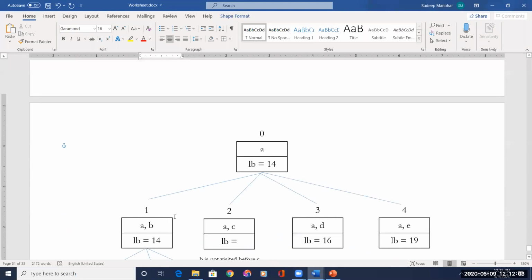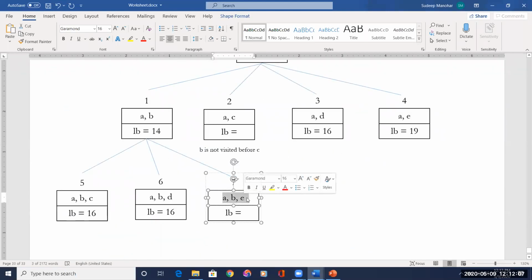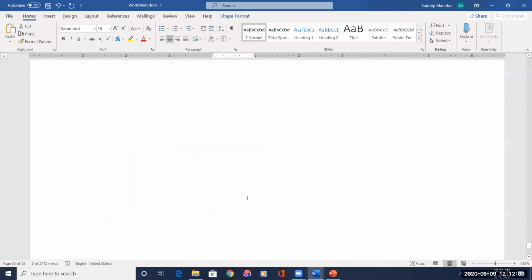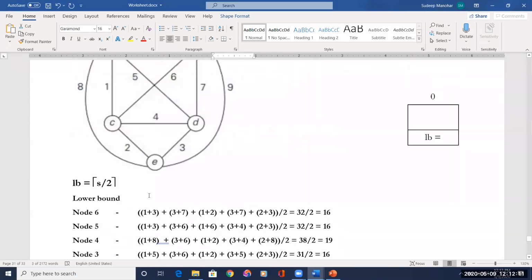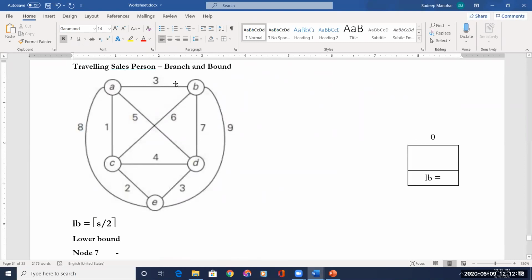Next, node number 7. Node number 7, remember this edge, A, B, E. A, B and E. That edge, A to B, B to E. So this one, 3 and 9, it is a compulsion. These two are compulsory edges. Now, for A it is 1 plus 3. 3 is included, therefore it doesn't make any effect.